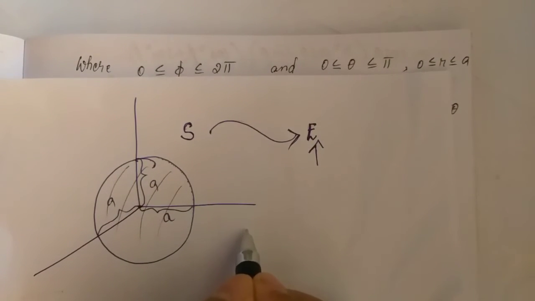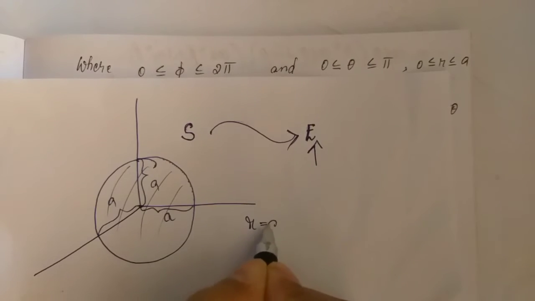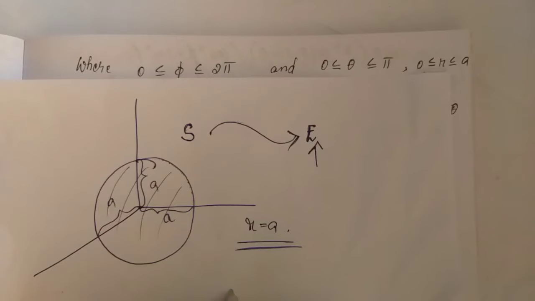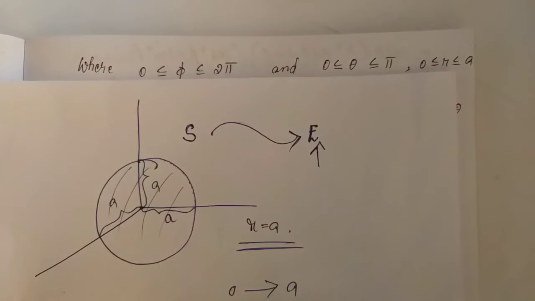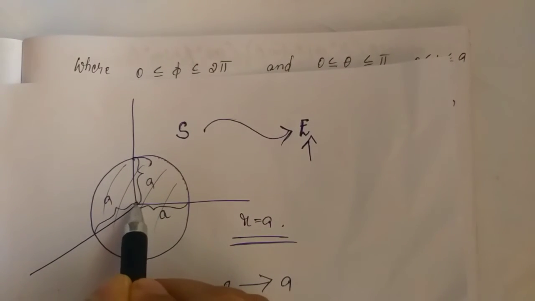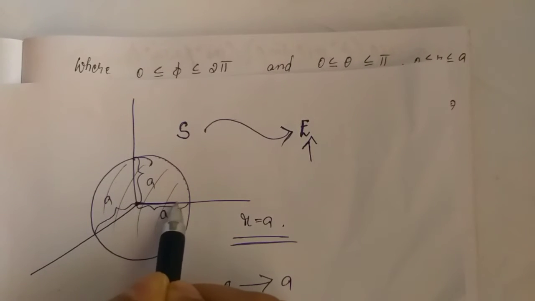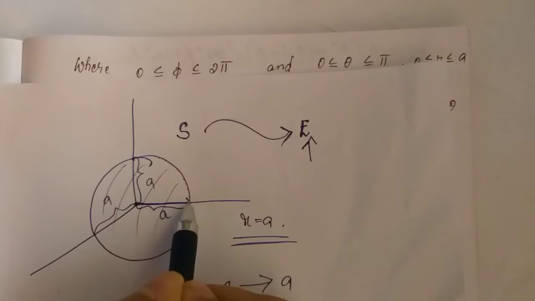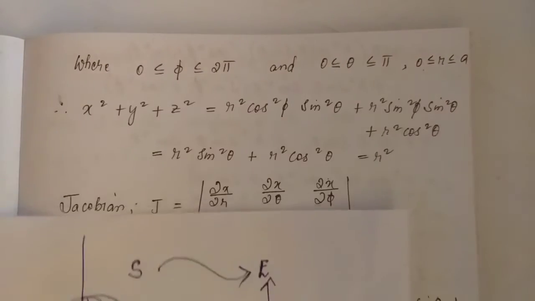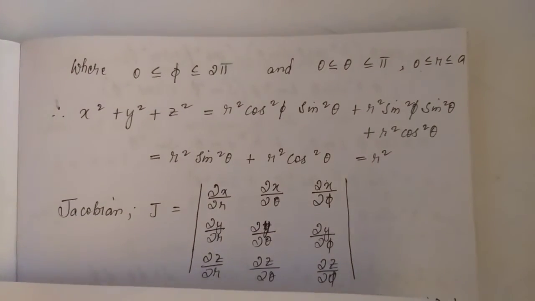It will only be r equal to a. But for the volume, the radius starts from 0 to a. As in this example, the radius will start from here, then it keeps on increasing until the radius r is equal to a.